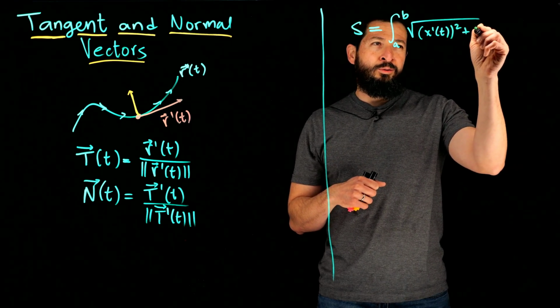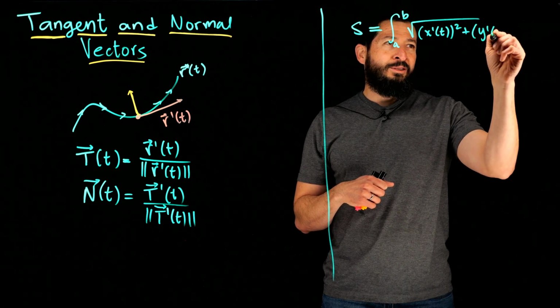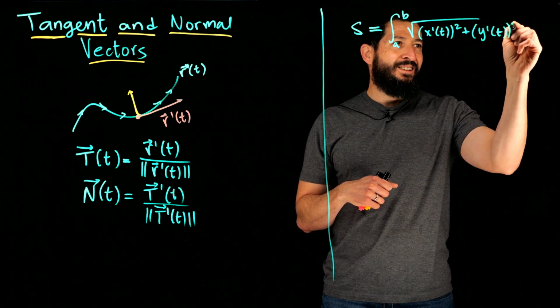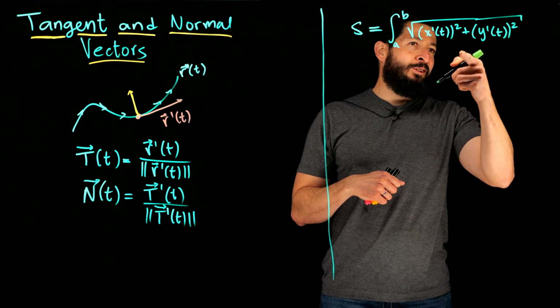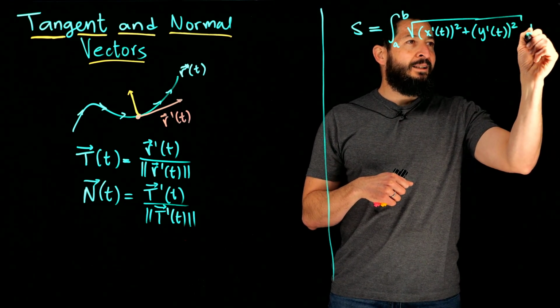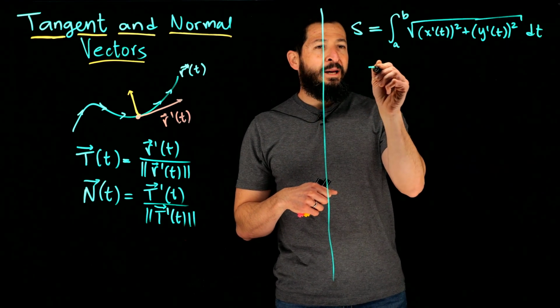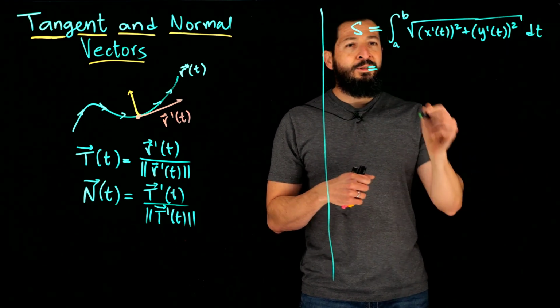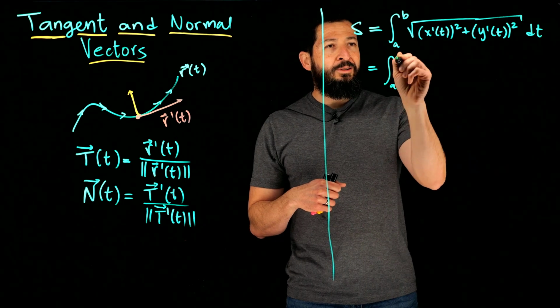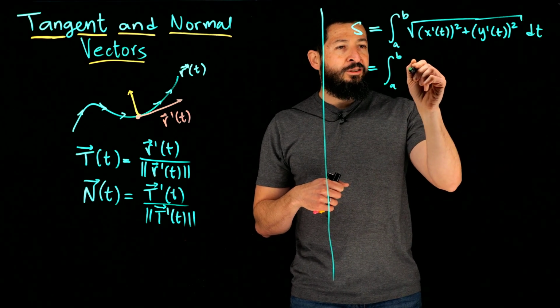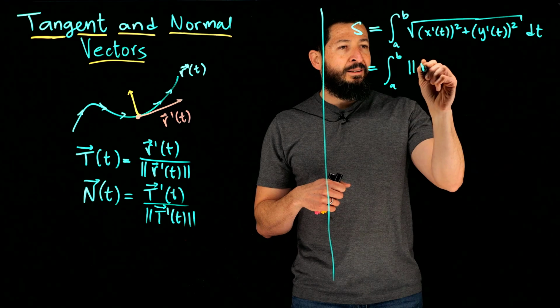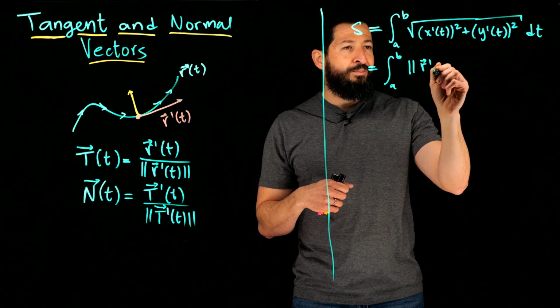Actually, I'm going to do it just for 2 dimensions because of space. You would have a plus z squared here, dt. So if you have it like that, it doesn't matter whether it's 2 or 3 dimensions, because the way I'm going to write it is going to be just the length of the vector r prime.